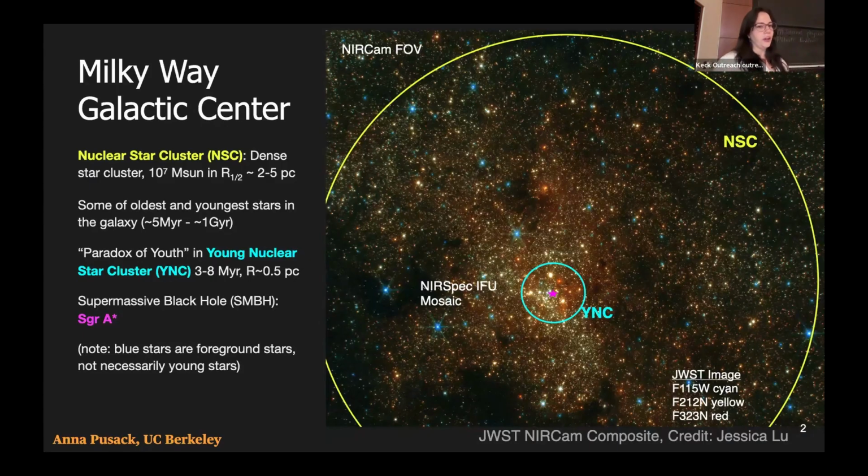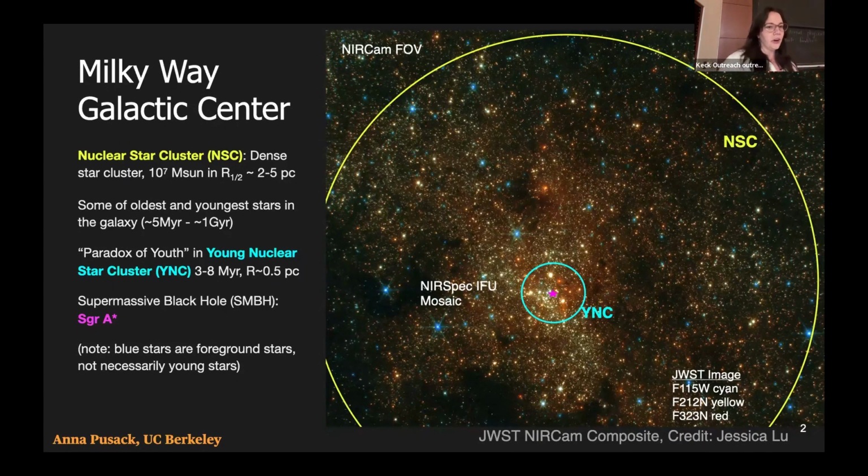Inside the yellow circle is highlighted the nuclear star cluster, as captured by this NIRCam 3-color image. This is a dense cluster of stars centered on the supermassive black hole, Sagittarius A star, in the magenta at the center.